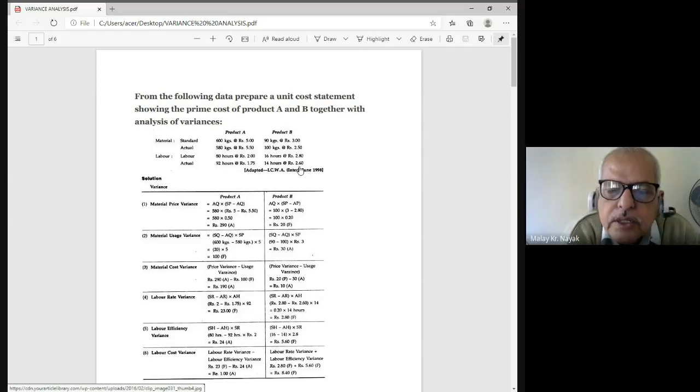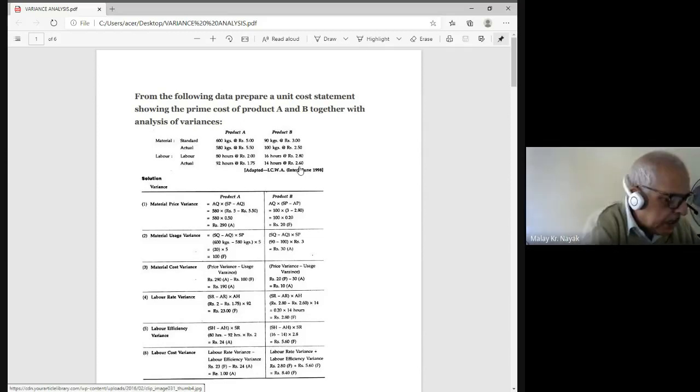Good. Then what should you write? F. 8.40 F. Is it clear to everybody? Then you write labor rate variance.